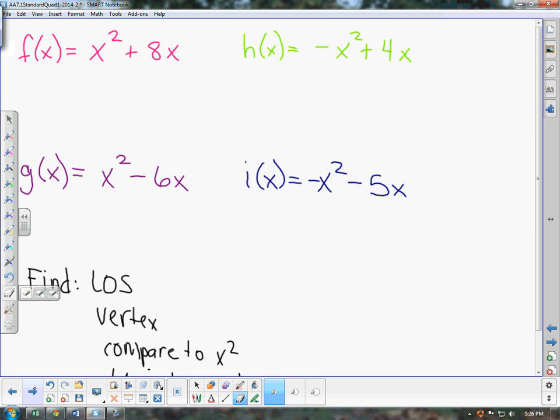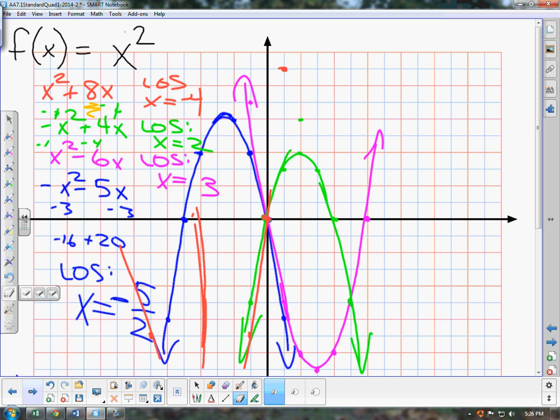Whereas here, as you see, we have a coefficient with the x. With this red one, it was x squared plus 8x, and our line of symmetry was at negative 4. With the green one, the line of symmetry was at a positive 2, with the fuchsia one it was at 3, and with the blue one it was at negative 2.5.